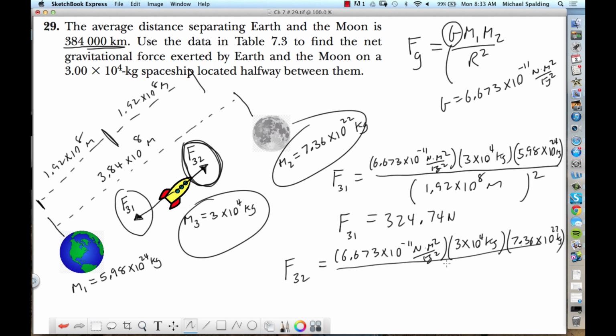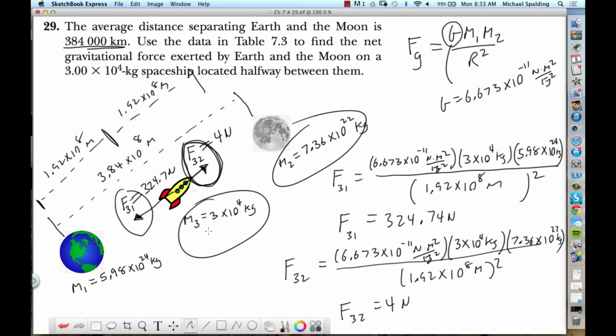And then the distance of separation from spaceship to Moon, 1.92 times 10 to the 8th. So this gives us a force of about 4.0. Okay, so F32 is 4 newtons.